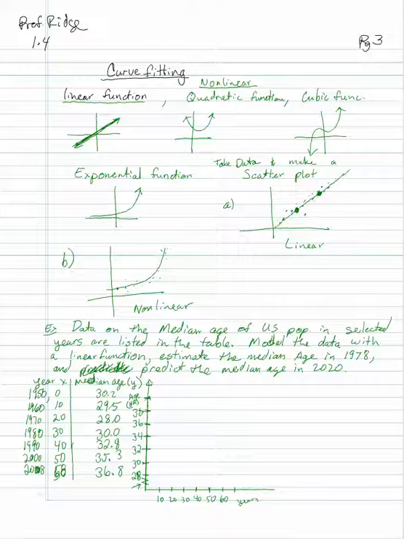So 0, 30.2, which will be right about there. 10, 29.5, right about there. 20 and 28, 30 and 30, 40 and 32.8, 50 and 35.3, and 58, 36.8, which is right about there.